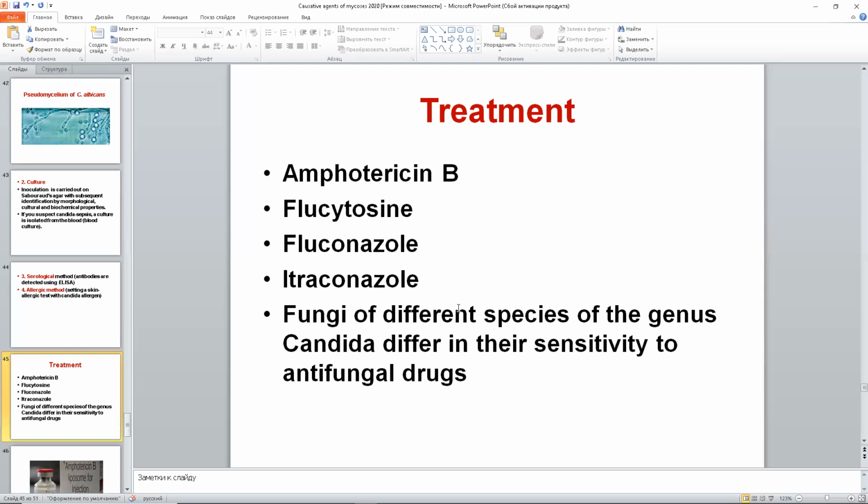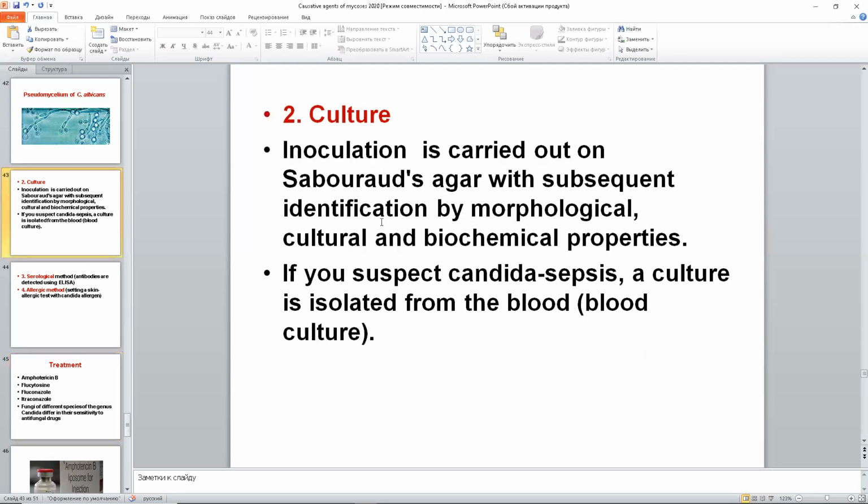So I told you that a pure culture should be isolated, cultivation should be done, and then the pure culture is isolated from this patient. We should do what is named an antibiotic sensitivity test, but really not just antibiotics are checked, different chemicals.